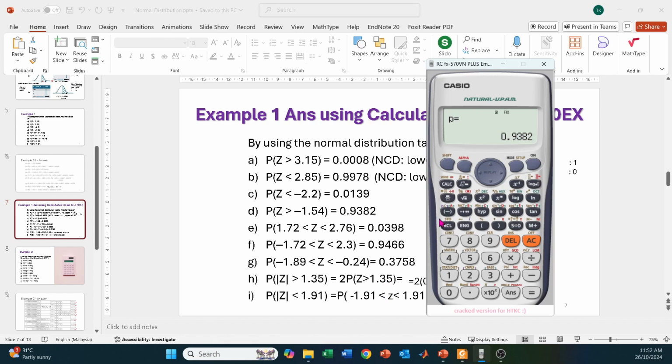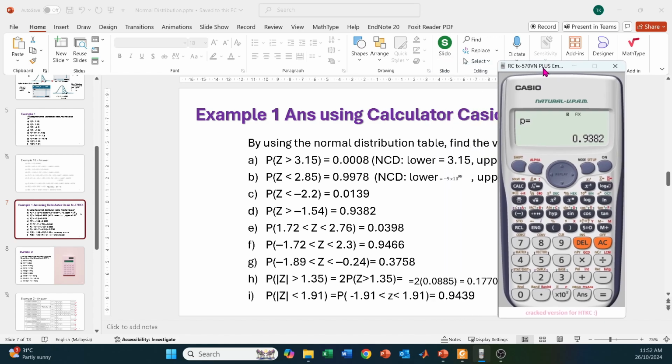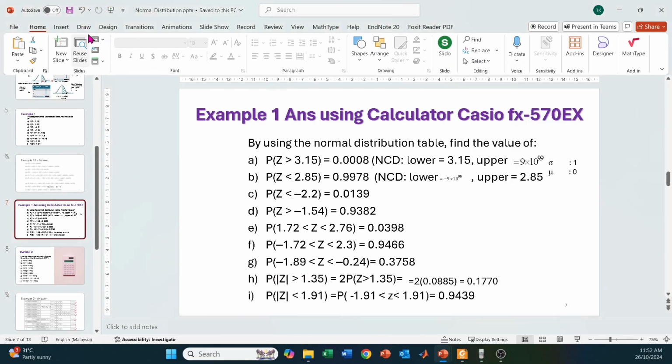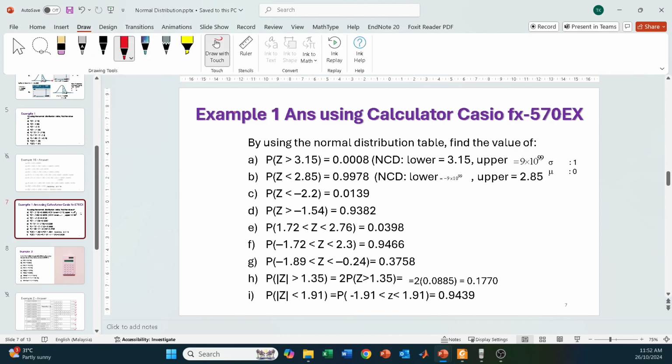Check whether I still got the greater one. Since these are all greater, for greater, this is the lower value, and for upper, put a big number. Now I'm going to do H.